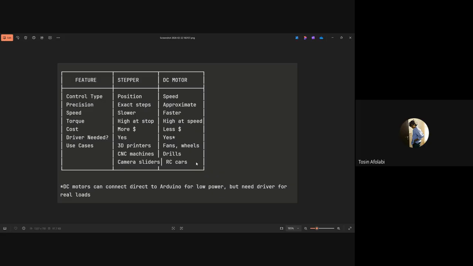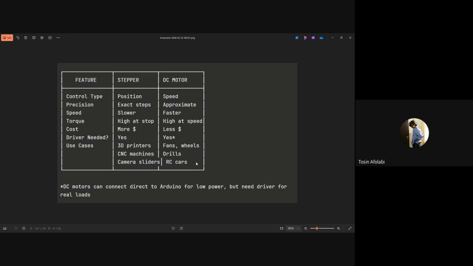Now, torque. The pronunciation might be different depending on what kind of English you speak. Stepper motors usually have high holding torque, meaning they can resist being moved even when stationary. When you try to jerk the motor, it resists being moved.